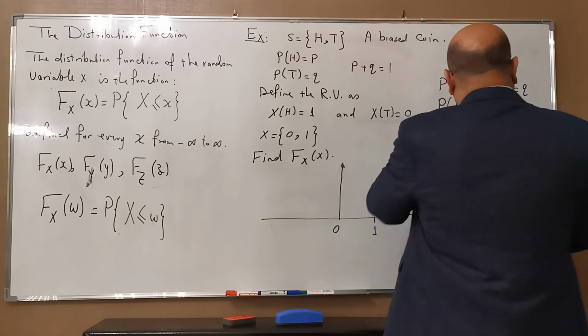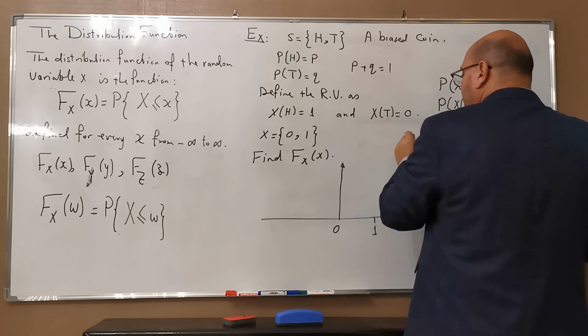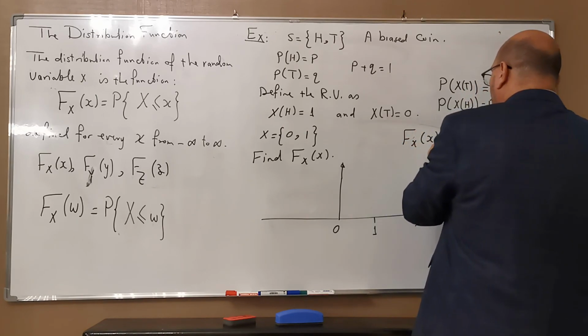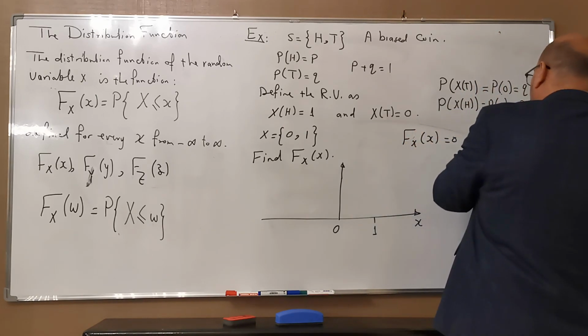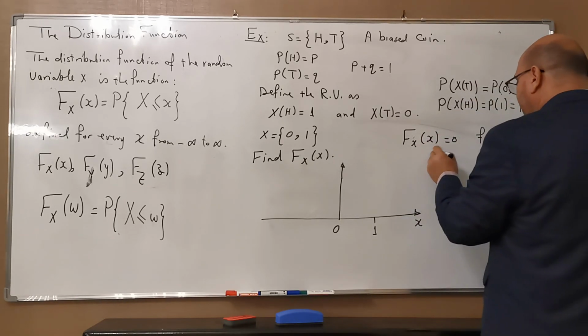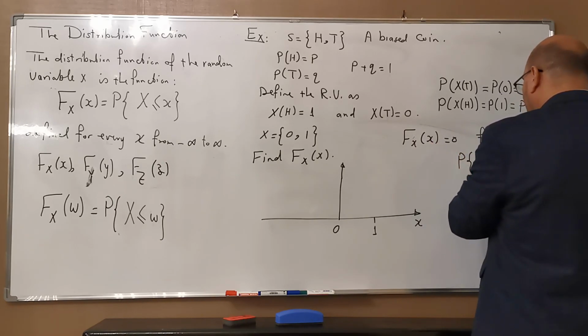So before 0, you have nothing, you know what I mean? So fx of x equals 0 for x less than 0. Yeah? Because fx of x for x less than 0 is equal to the probability of x less than 0.